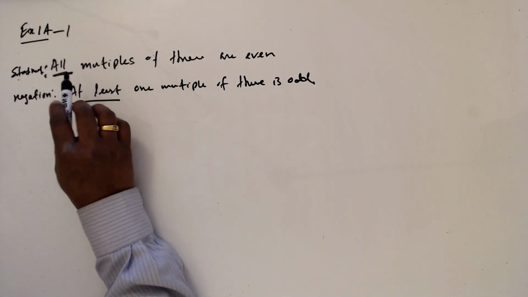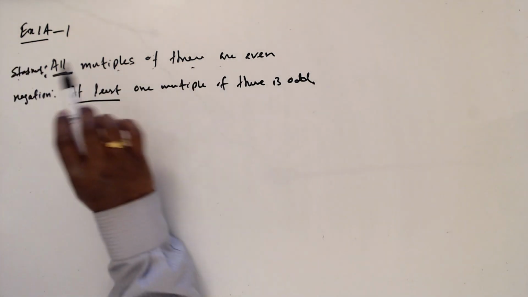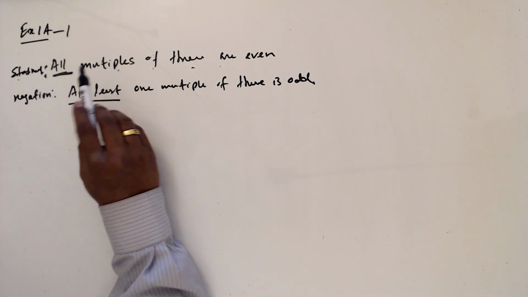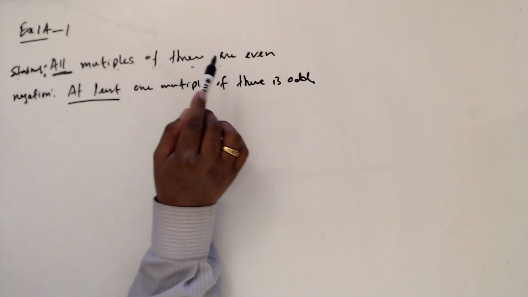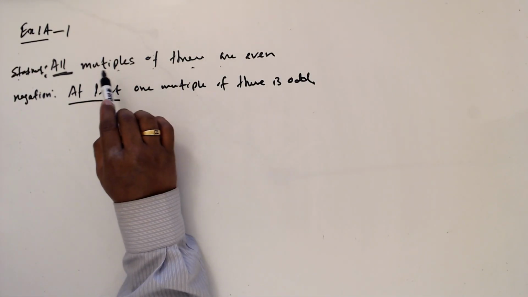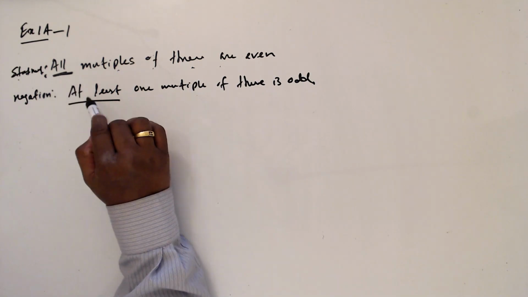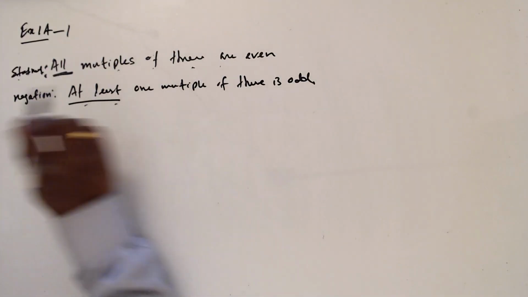The common mistake can happen: all multiples of 3 are not even. That's how usually we initially feel to do it. Not all, some of. But it has to be corrected as at least one multiple of 3 is odd.